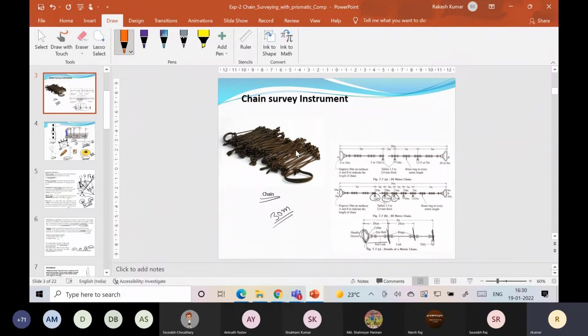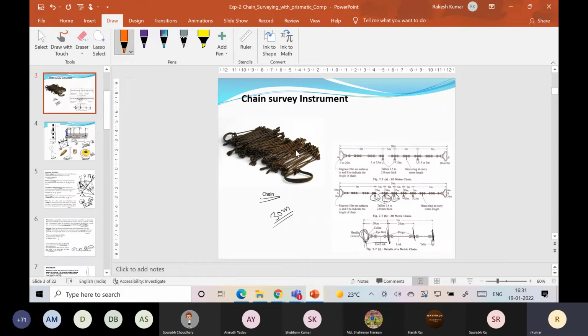Now I can use two measuring tapes. What is the issue? I'm taking the offset with the measuring tape, no issue. But why am I using the chain when I have the measuring tape which has a least count of 1 mm? Why am I using a 20 centimeter chain? That should be the question. Am I right? Sir, it is more flexible.